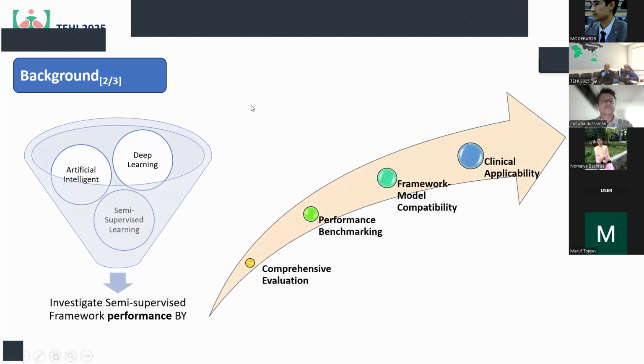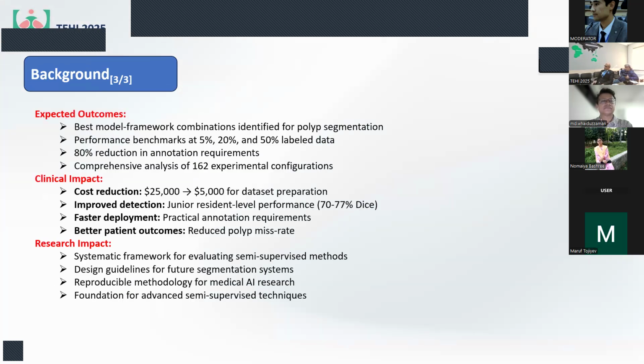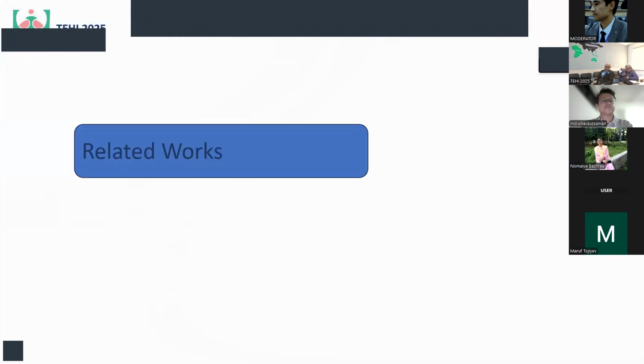Our objectives are comprehensive evaluation, performance benchmarking, framework-model compatibility, and clinical applicability. These are the best outputs expected from our work, under clinical impact and research impact.